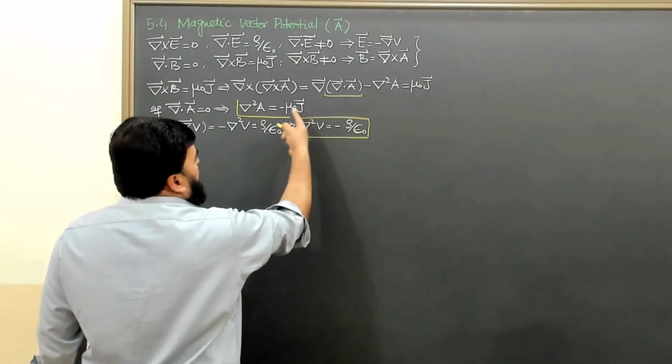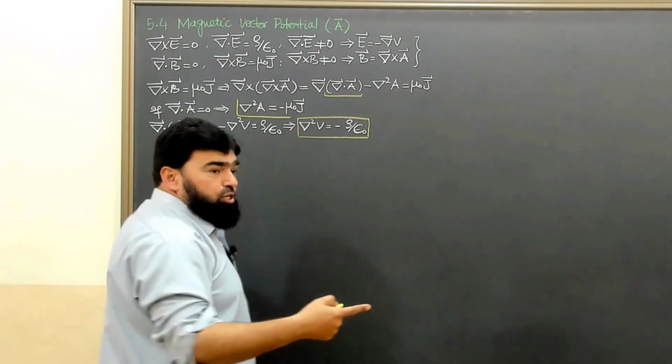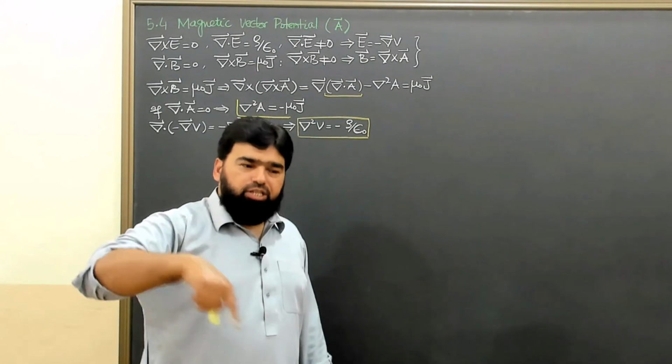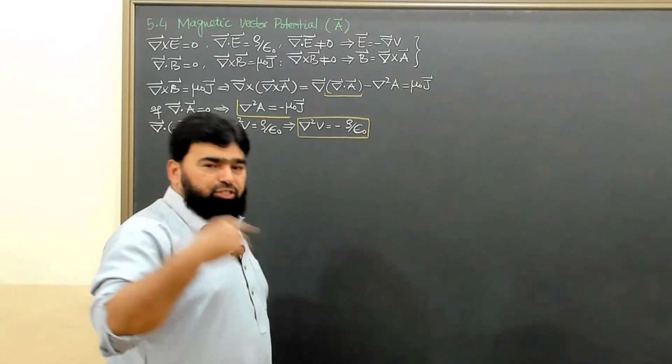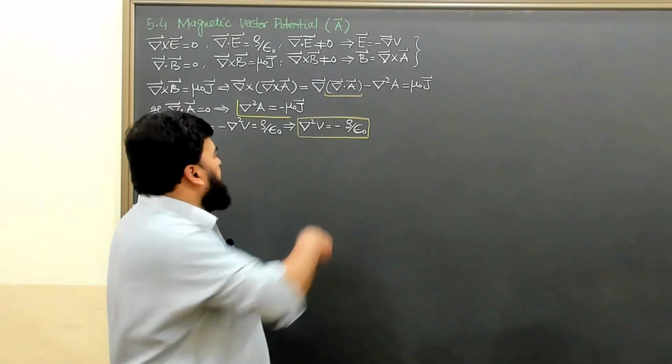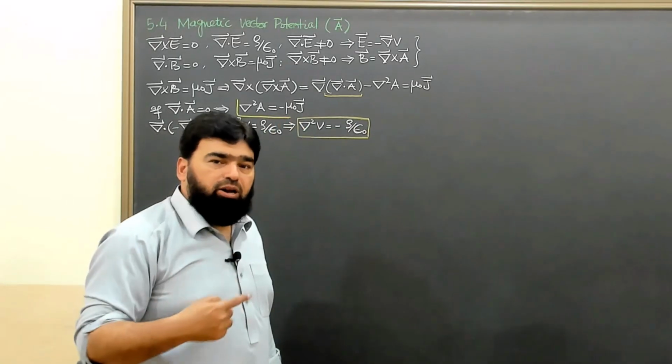Now here mu naught, so the reciprocal. In the electric case, we know that permittivity is reciprocal, and I have explained why, the polarization concept, and here the magnetization concept is directly proportional.